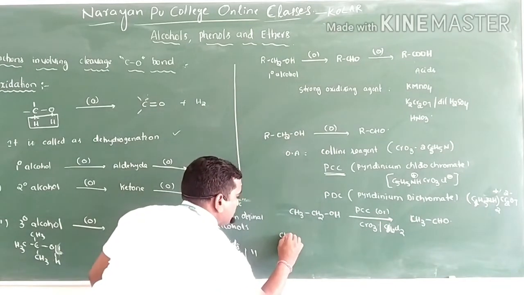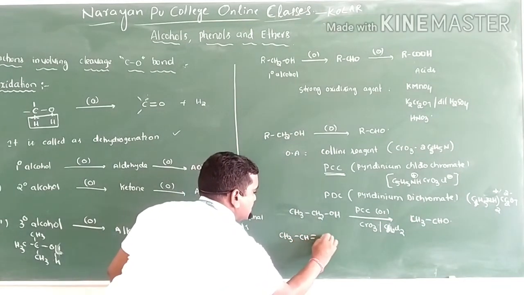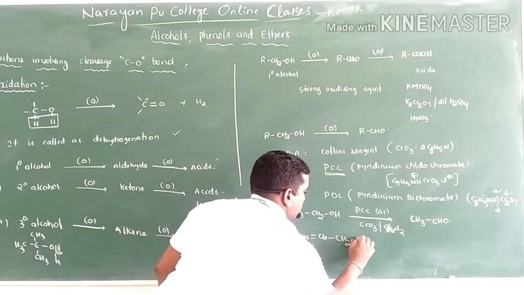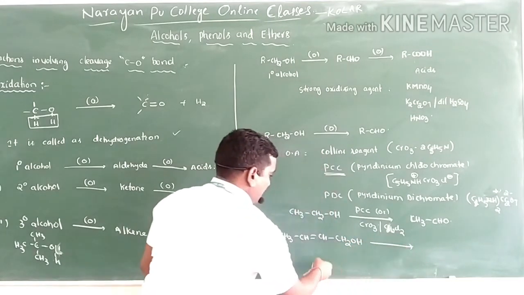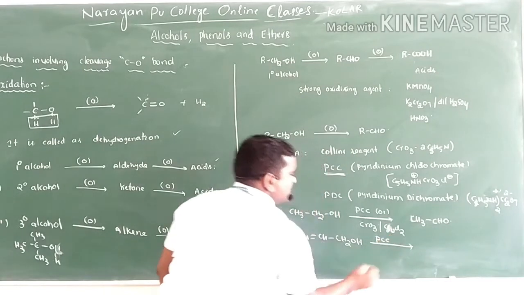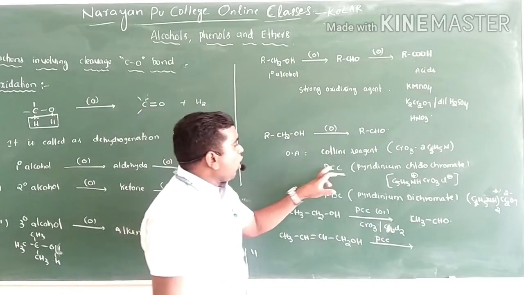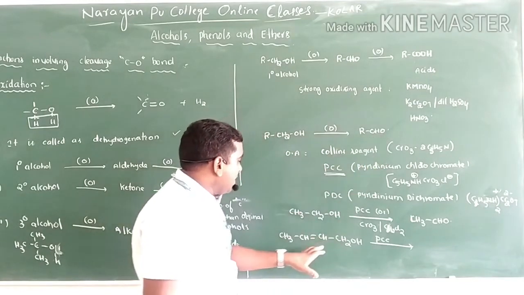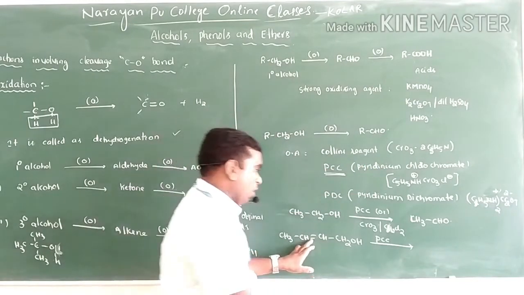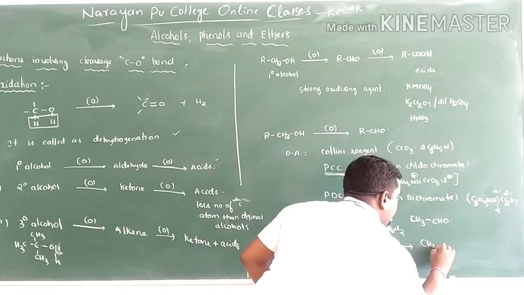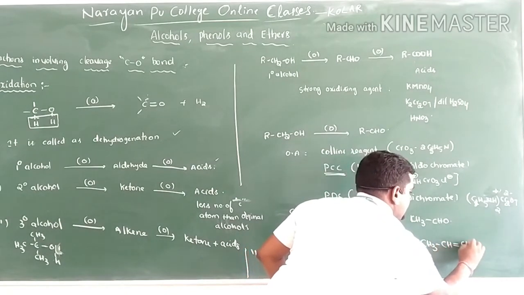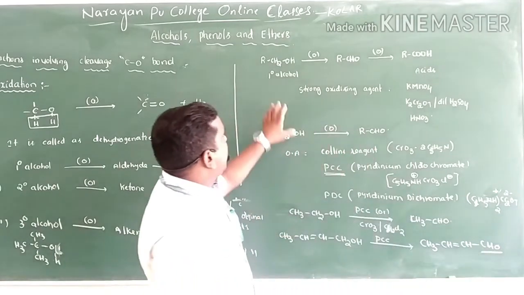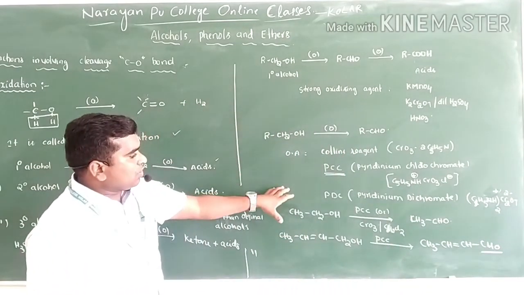And suppose I take CH3CH=CH-CH2OH and use PCC. PCC is a very good oxidizing method which converts primary alcohols into aldehydes without affecting the double bond. Then the compound we get is CH3CH=CH-CHO. So this is how primary alcohols are converted into aldehyde.